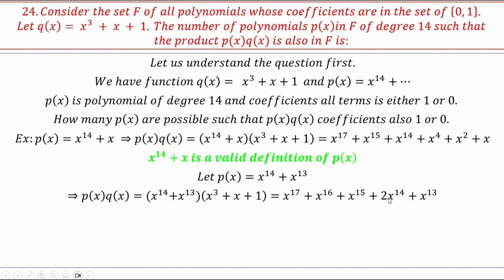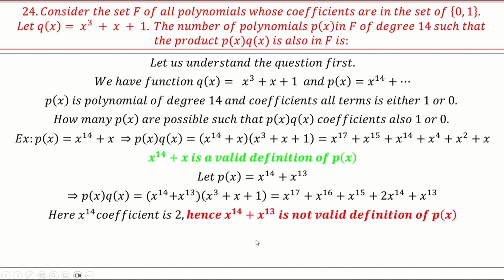So here a coefficient is 2, which means this polynomial does not belong to F, so this cannot be the definition of P(x). Now you know what is P(x), what is not P(x), and what should be our result. Now we understood the problem. We need to find the number of valid P(x). How many P(x) are possible? That is the question.